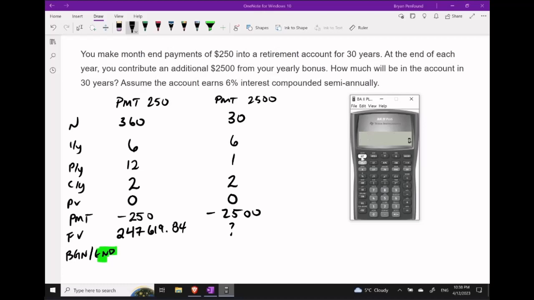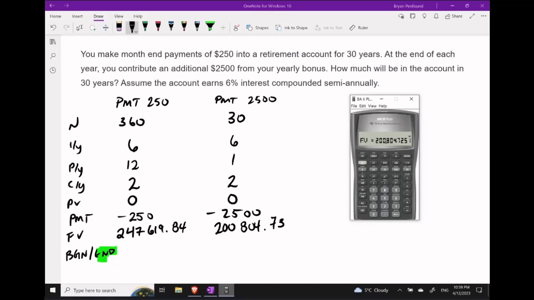Let's go ahead and quit that submenu. PV is still 0. I need to update my payment sizes to 2,500, and then we can go ahead and compute the future value. Here I get $200,804 and about 73 cents.